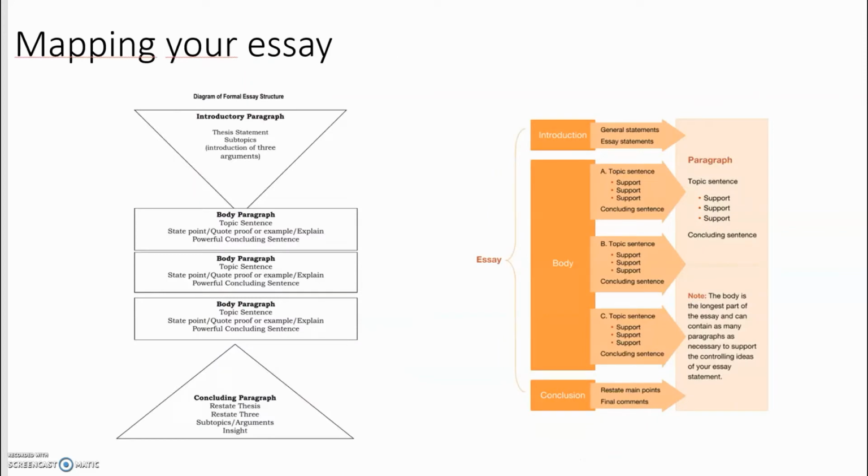So one of the things that I'm asking you to do in one of the worksheets that are in OneNote is to map your essay, to get an overview of the structure of your essay. And to help you a little bit on doing that, I'm going to introduce these 2 models of how to structure an academic essay. So this model here has, so all essays basically consist of 3 parts.